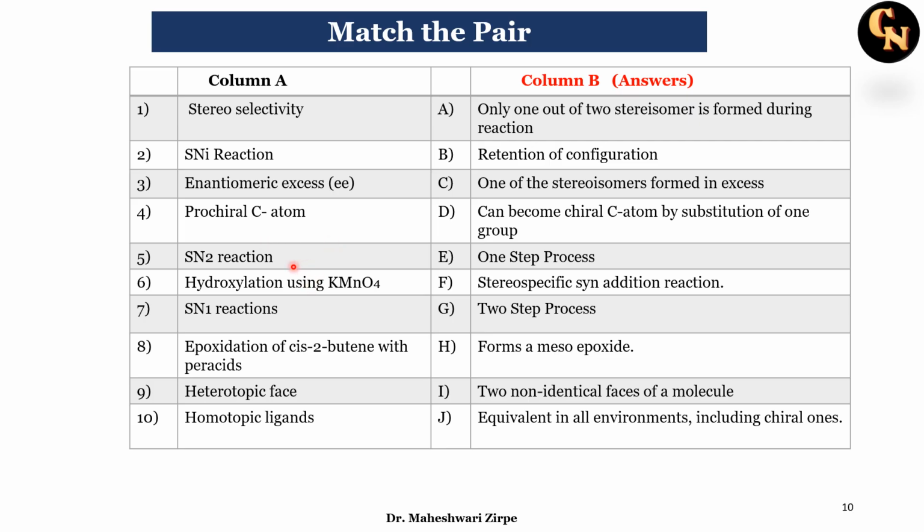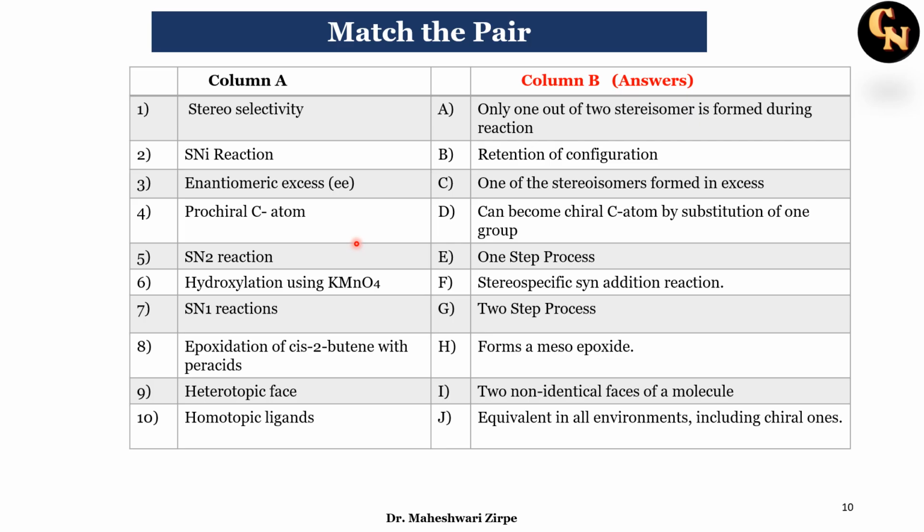Then next is SN2 reaction. Children, we know that SN2 is substitution second order reaction. This SN2 substitution reaction proceeds by a one step process. When you were in 12th standard, you must be remembering SN2 reaction as second order reaction but it undergoes by a one step process.